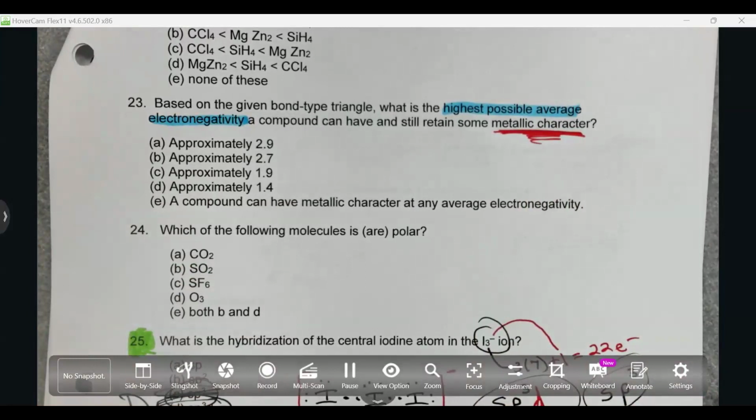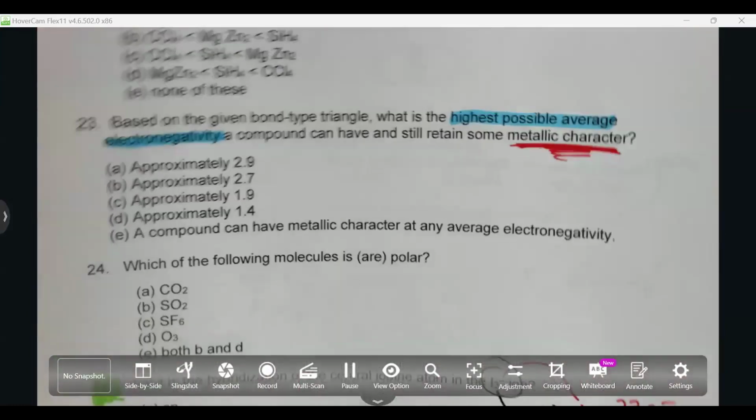Highest possible average to keep some metallic character.